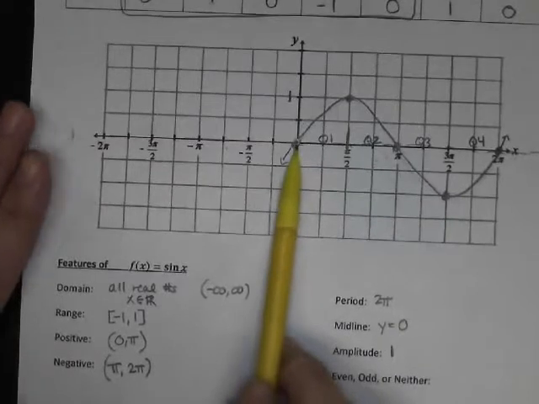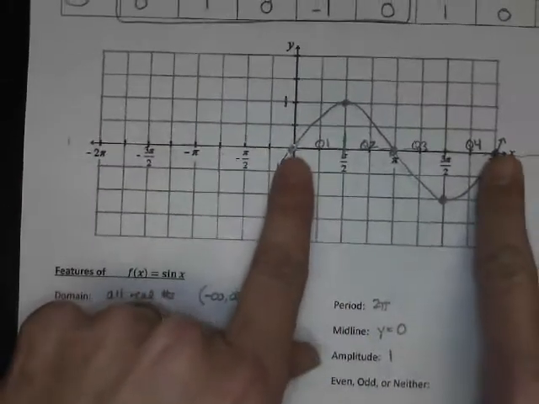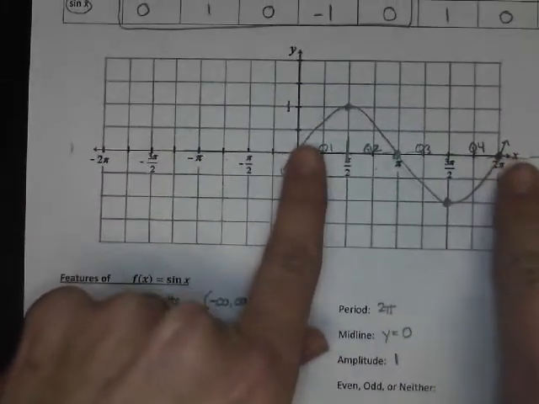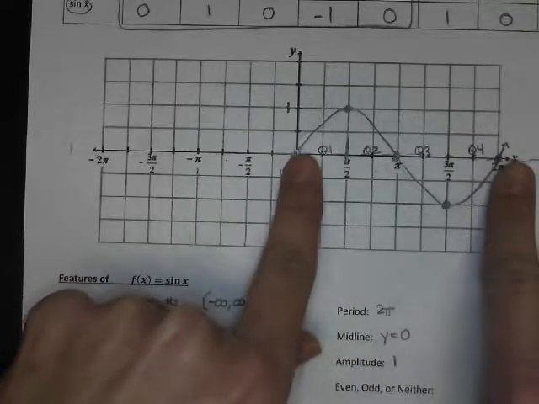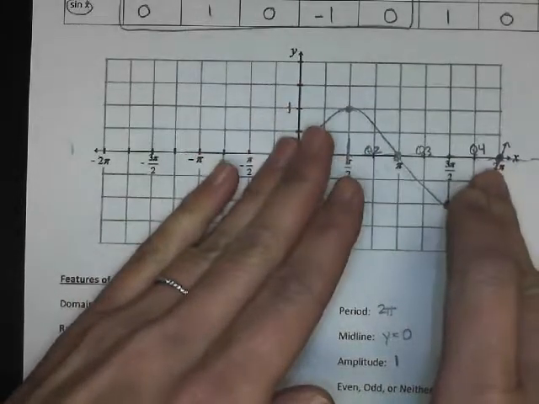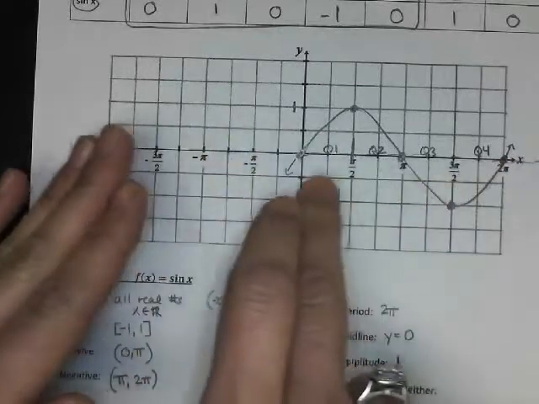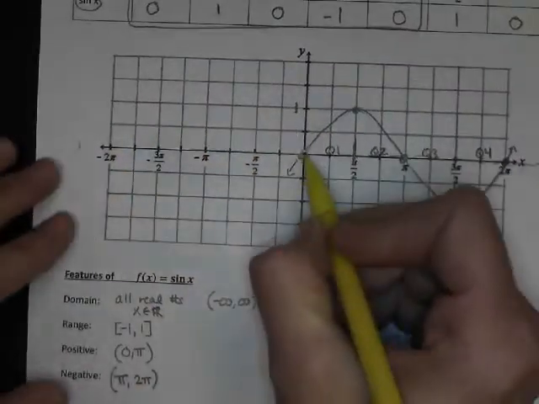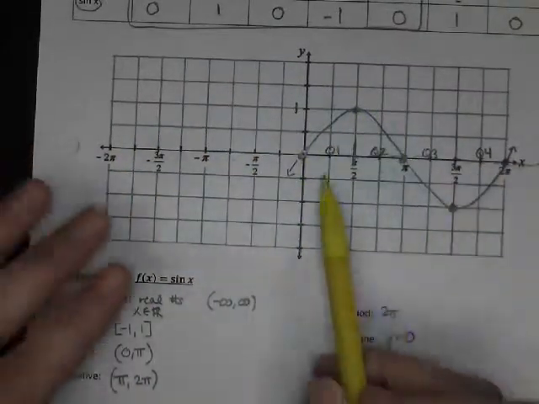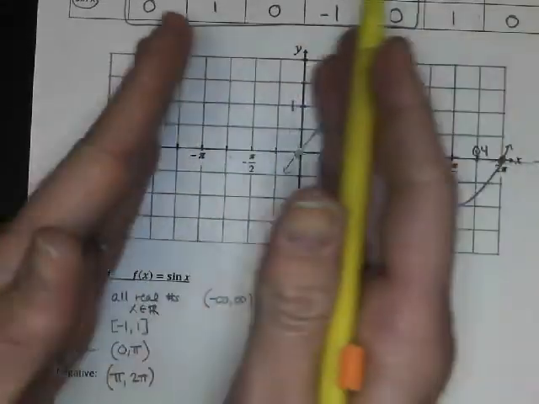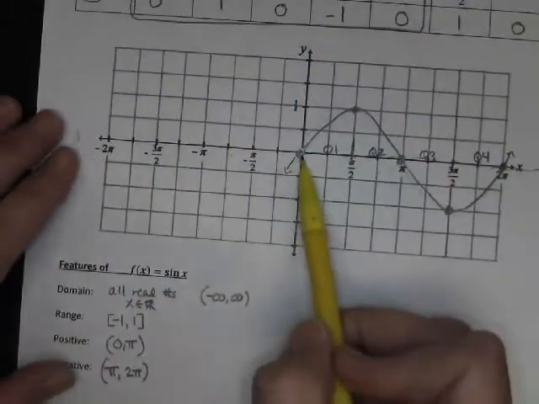So I think it's a good time now to think about the way periodic functions work, and if this has a period of 2 pi, then we could slide this whole cycle 2 pi units over. So every one of these points, if you transition this over, it will give you the continuation.